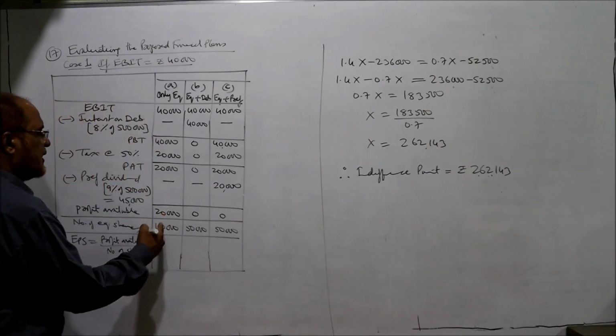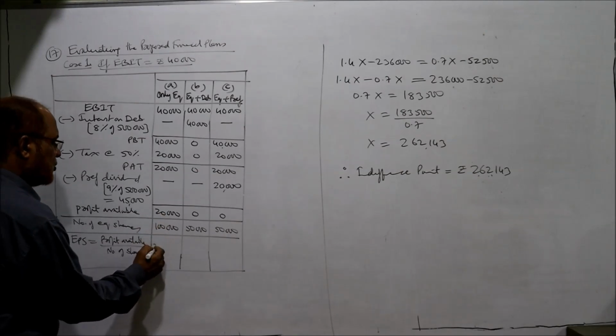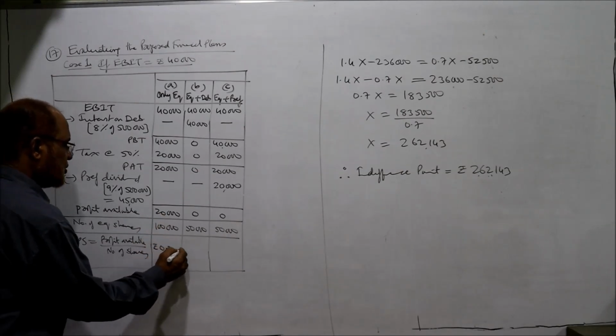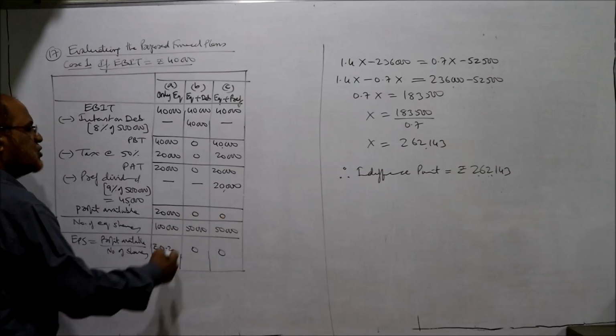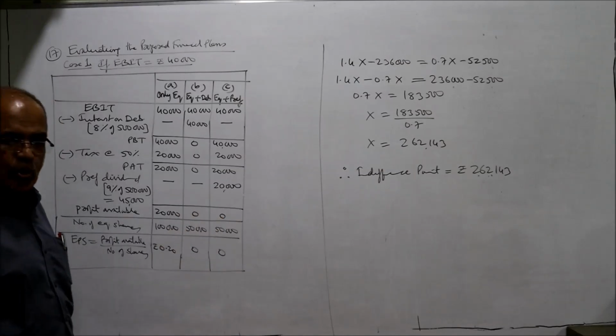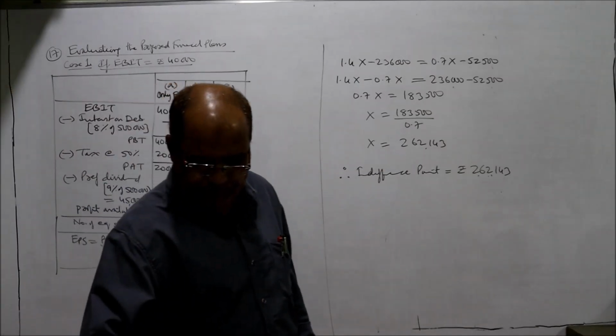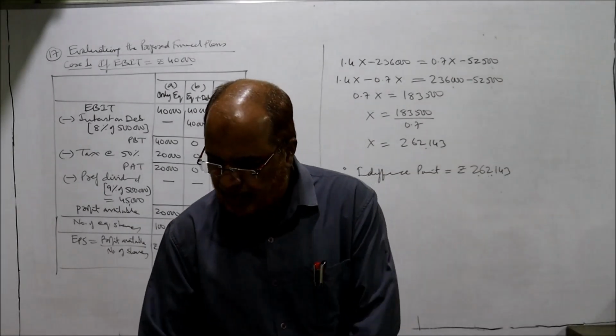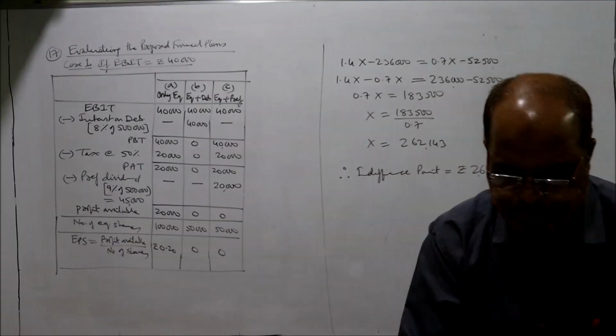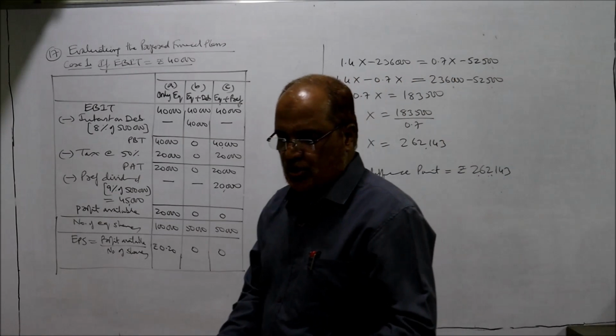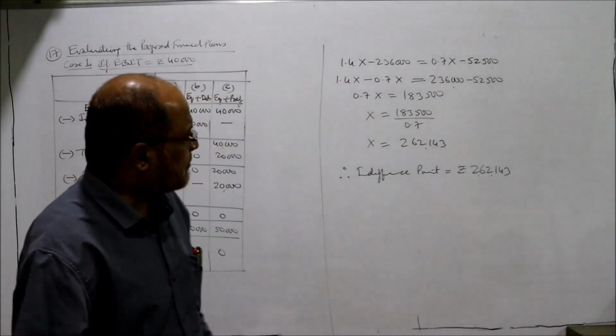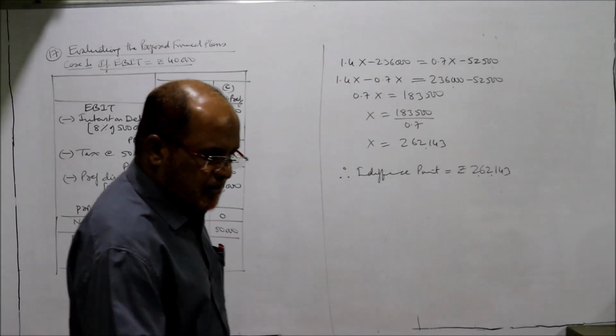Profit available is 20,000. Number of shares are 1 lakh. So rupees 0.20. Here there is no profit available. So no EPS. EPS will be 0.200.